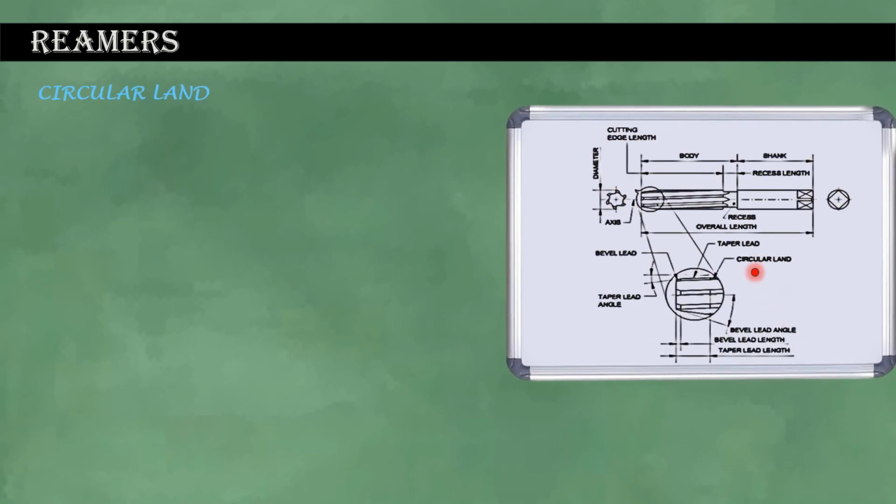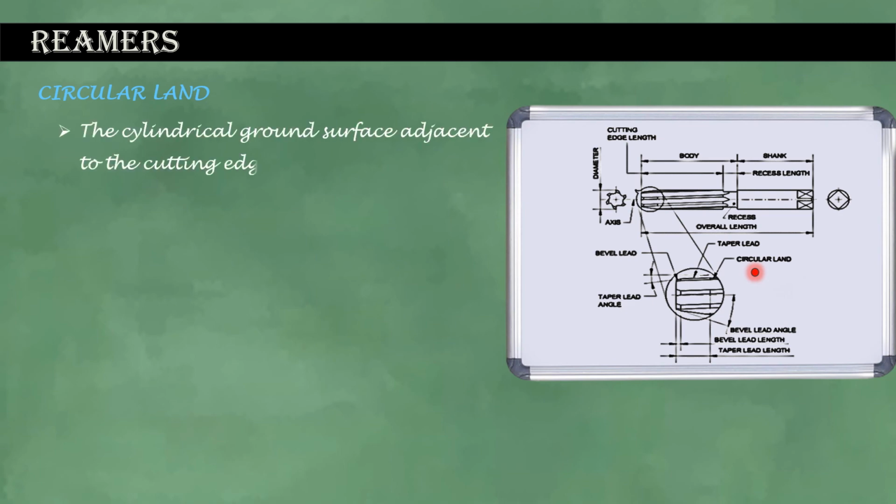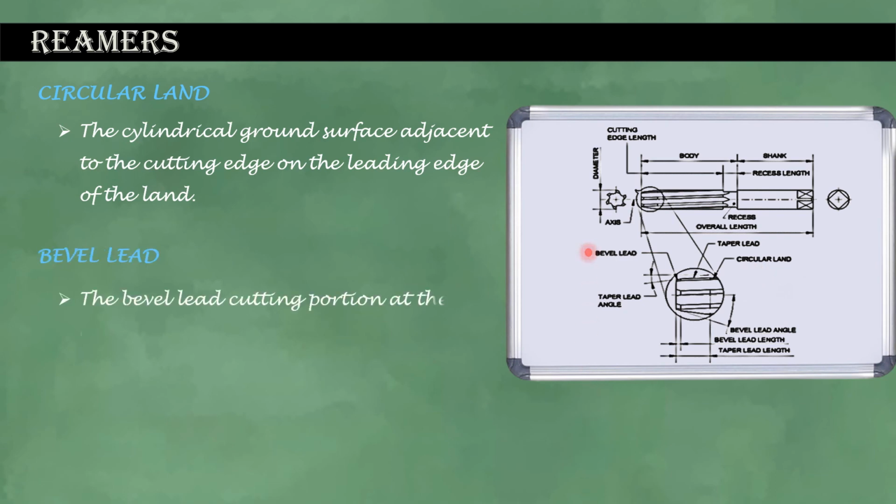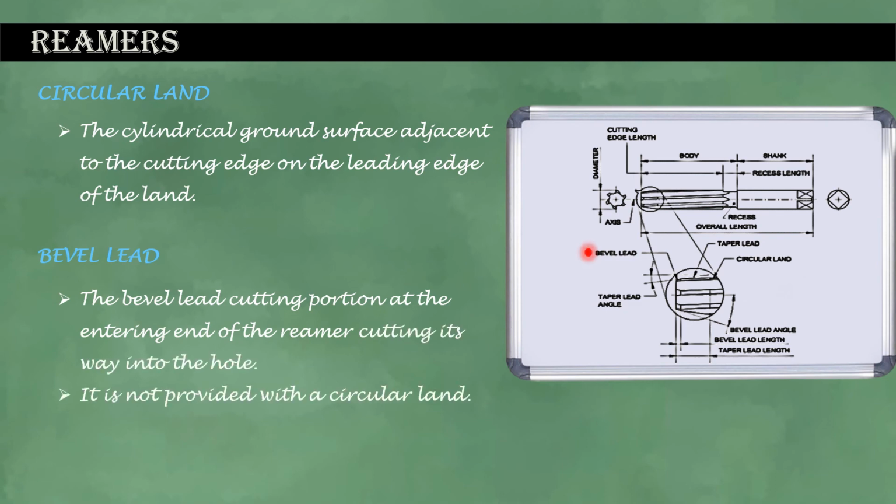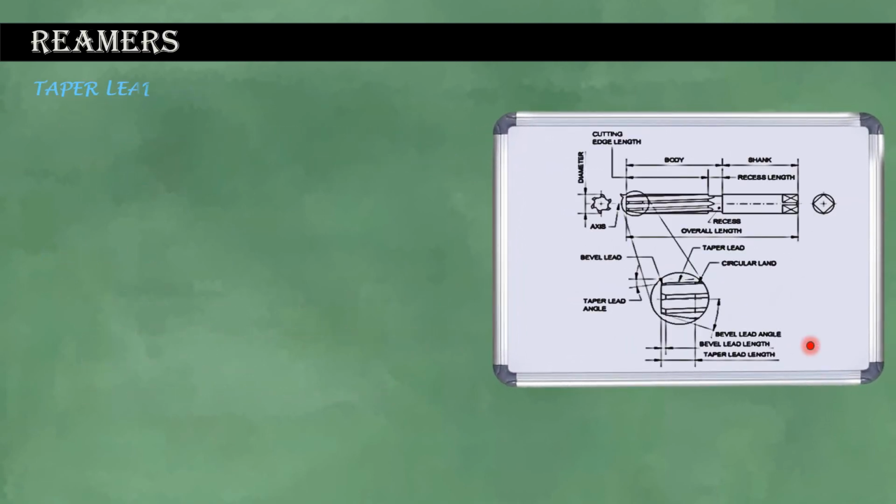Circular land. The cylindrical ground surface adjacent to the cutting edge, on the leading edge of the land. Bevel lead. The bevel lead cutting portion at the entering end of the reamer cutting its way into the hole. It is not provided with a circular land. Taper lead.